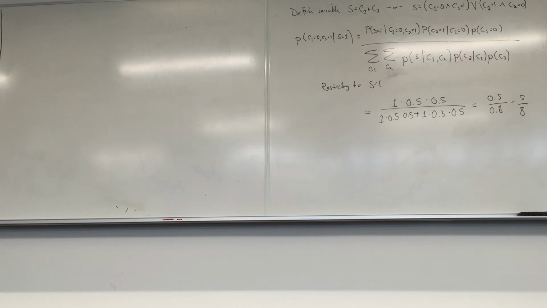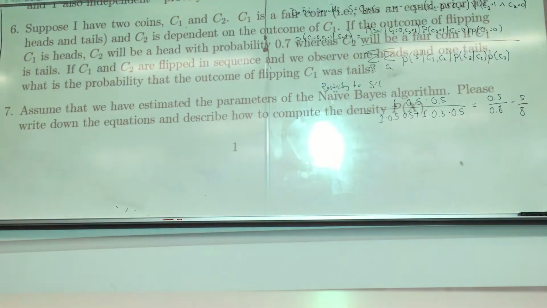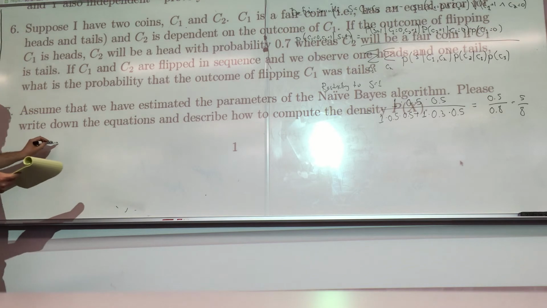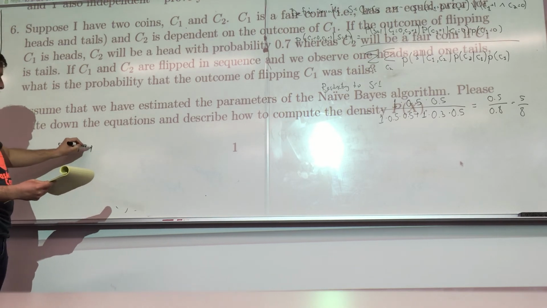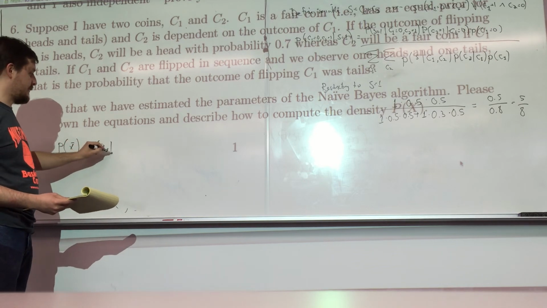Alright, okay. So assume that we estimate the parameters in naive Bayes, write down the equations to describe how to compute the density. So just the chain rule that I said for naive Bayes.